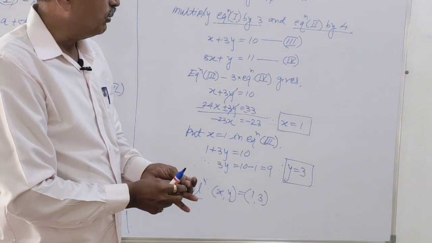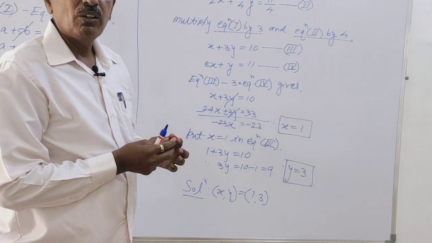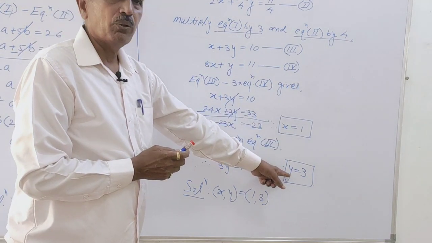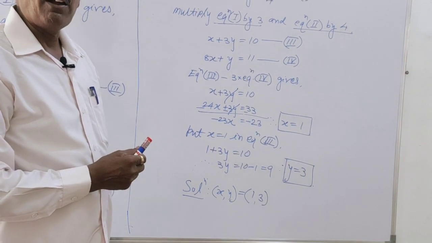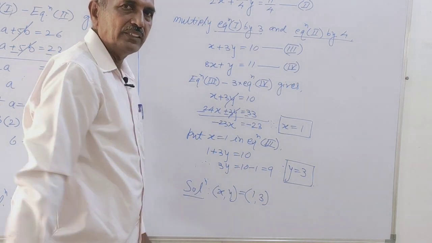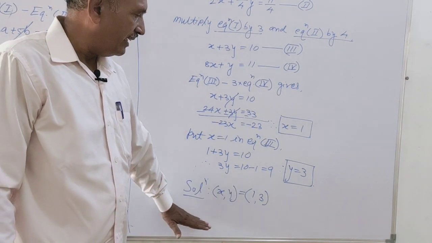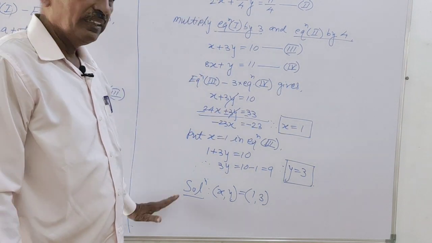This way we got the values of both variables: x is 1 and y is 3. This solution I will write as (x, y) is equal to (1, 3). Here the solution of this example is complete.